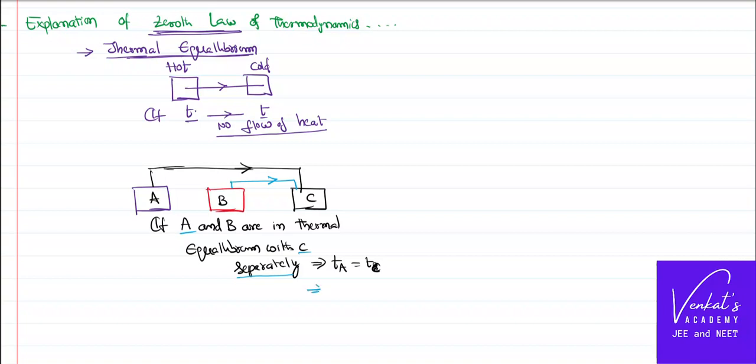A is in thermal equilibrium with C, that means their two temperatures are equal. Separately, B is in thermal equilibrium with C means temperature of B equals temperature of C. Then it's implied that A and B are also in thermal equilibrium.